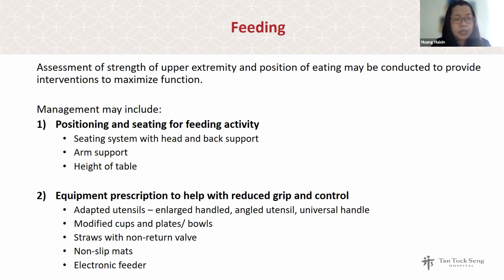The measures can be looking at their positioning and sitting for the feeding activities, looking into their actual sitting system, seeing whether there's a need for better head or back support, and also arm support, and also seeing whether the height of the feeding table is appropriate or not, whether they need a lower one or a higher one. And we also look at equipment prescription to help with reduced grip and control.